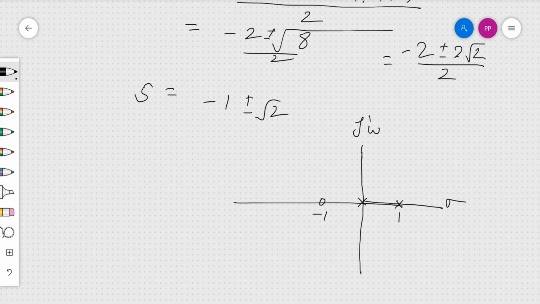So this one is one path of the root locus, and another path is this one.